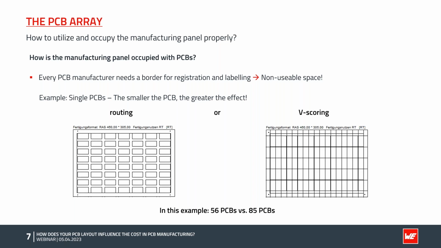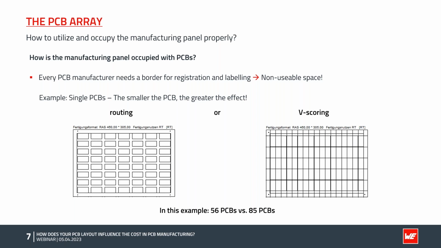In the morning, we had the webinar for our German-speaking customers, and there was one remark regarding this. V-scoring, if you do not know what it is, you make a cut from top and from bottom into the PCB, which looks like a V, and you can break out the PCB afterwards.